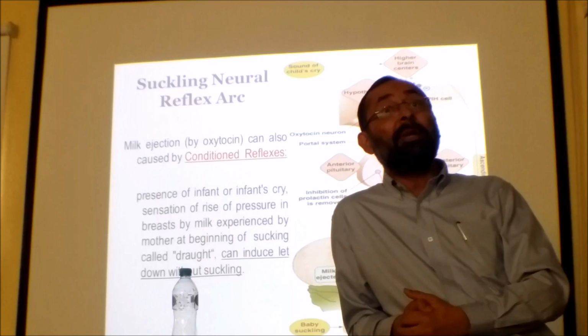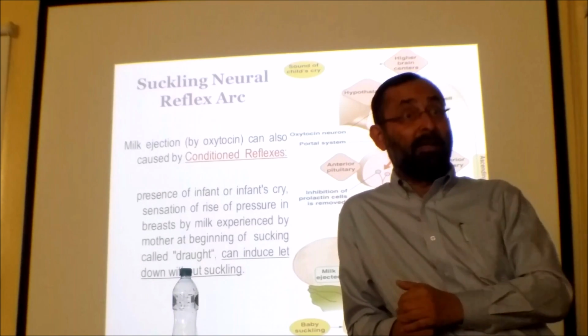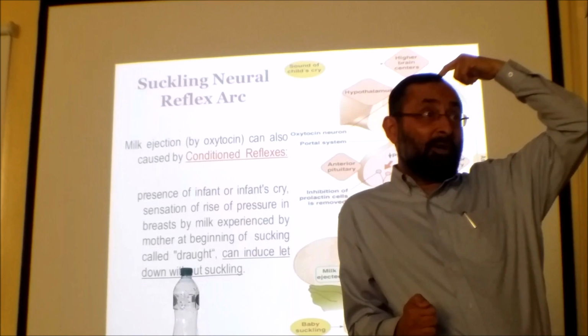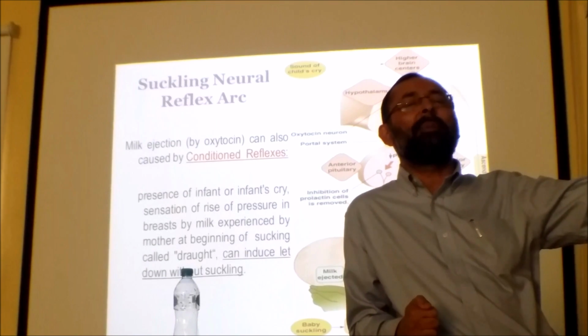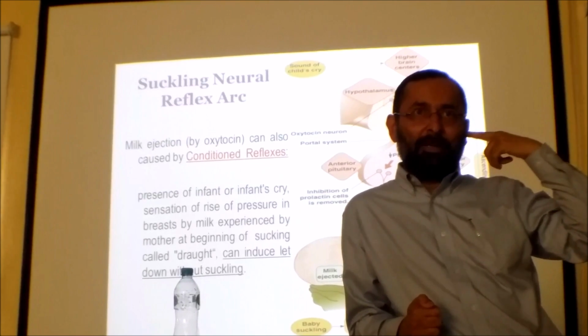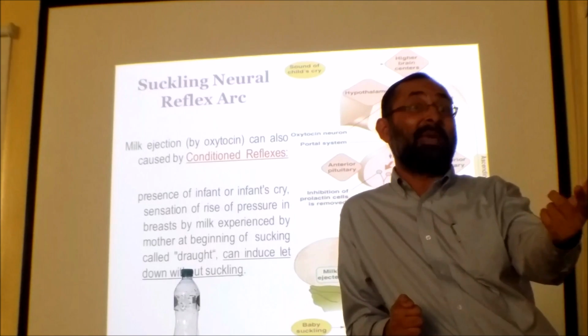So it is coming not only from tactile stimuli, it is also coming from other stimuli. Thinking of the baby, coming from the cerebral cortex, just thinking that my baby needs me, can cause that. Hearing the cry of the baby, looking at the baby with love, emotions.